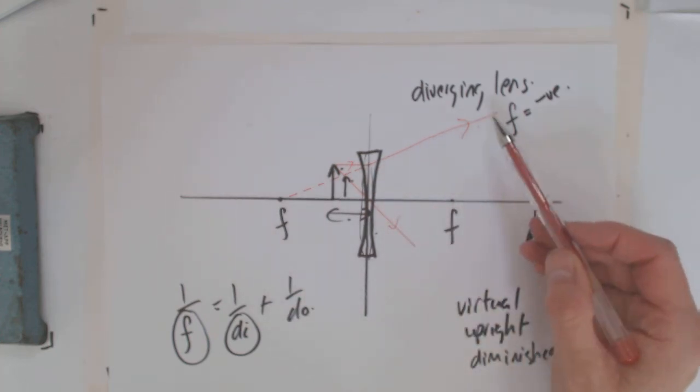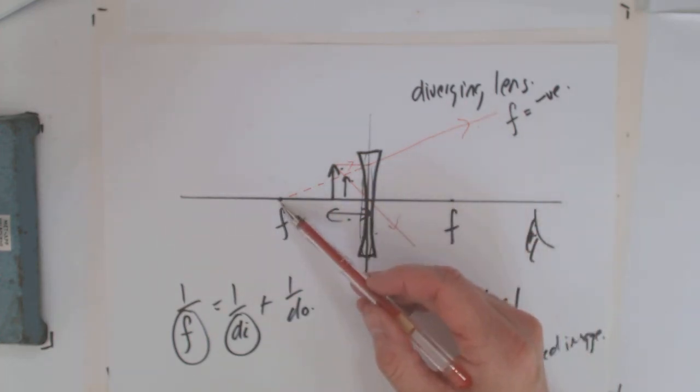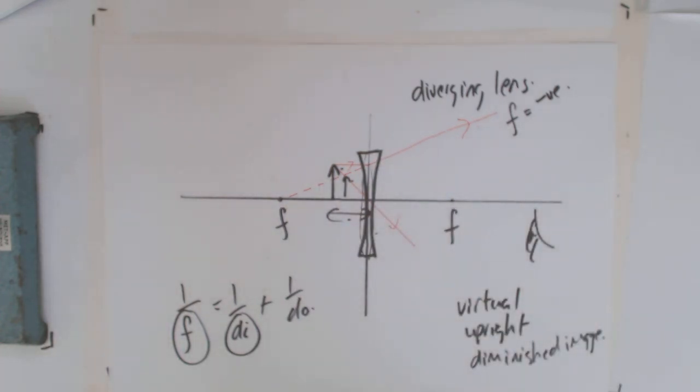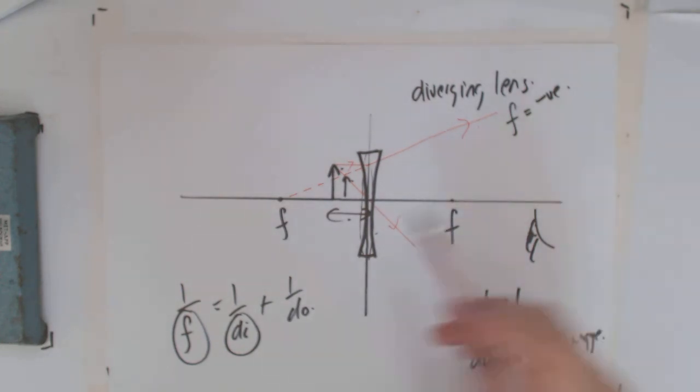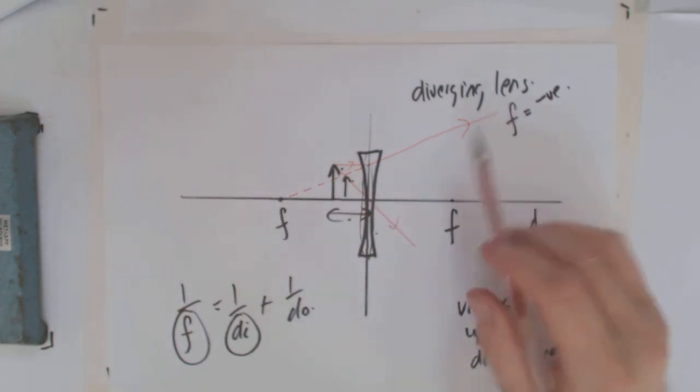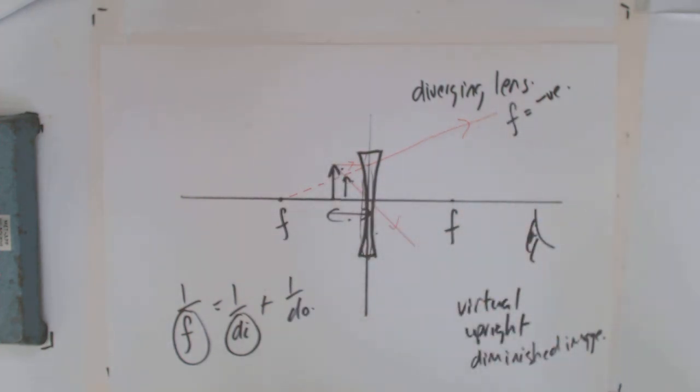You can have a ray that appears to come from the focal point and will then go parallel, but you've got to always be thinking, okay, what's that going to give me? So these two rays on this one are the ones that often you might find two rays work better, and in this situation the ray that goes parallel and up there and the ray that just goes through the center will give you a nice intersection point for the image.